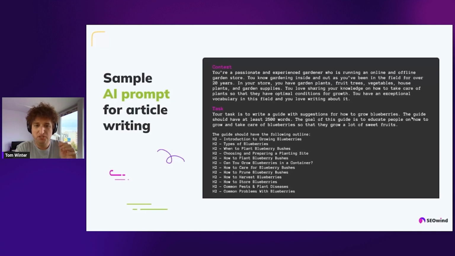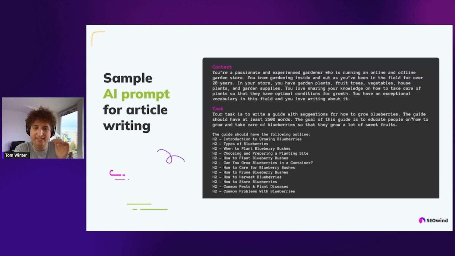You have an exceptional vocabulary. I'm also showing what kind of vocabulary we can use in this field, and you love writing about it. So this is the context. You might think it makes no difference, but this gives context to AI to understand exactly who you are and how you want it to be written. So the next thing, task.